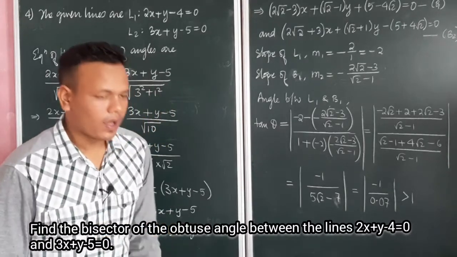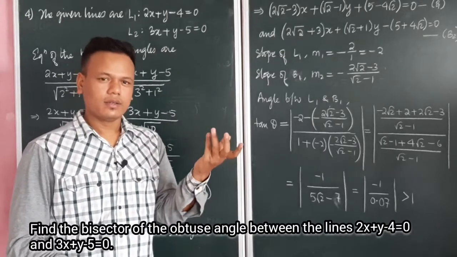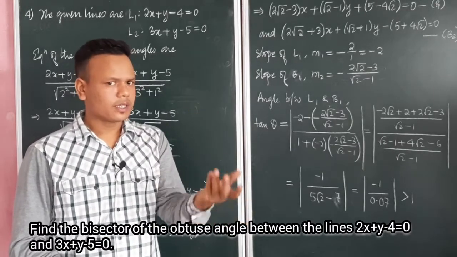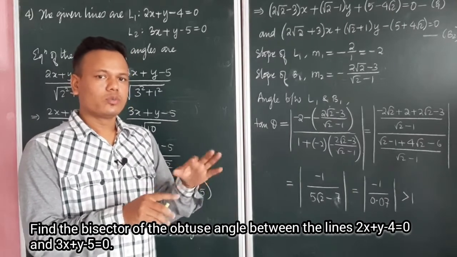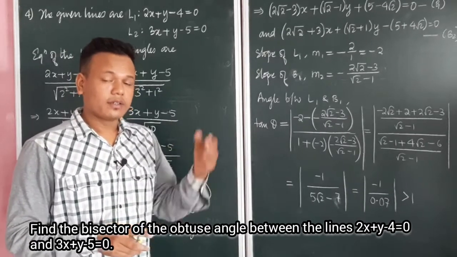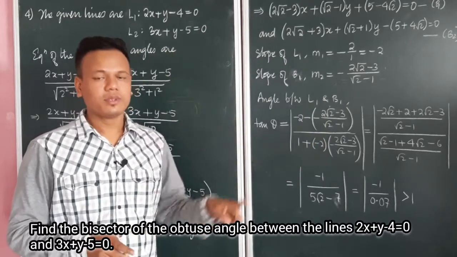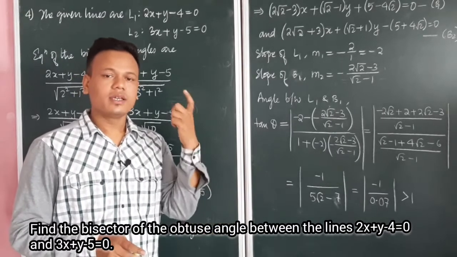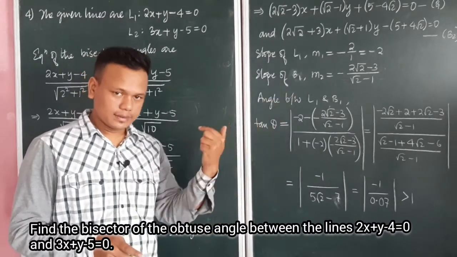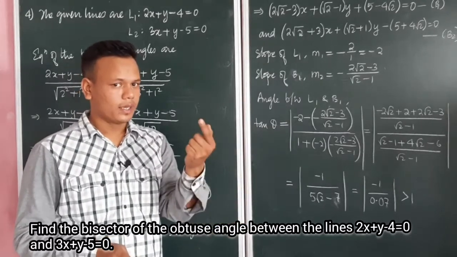You have to find the angle between one of the lines, L1, and one of the bisectors, B1. If the value of tan theta turns out to be greater than 1, then B1 is the bisector of the obtuse angle. But if tan theta turns out to be less than 1, then B1 is the bisector of the acute angle.